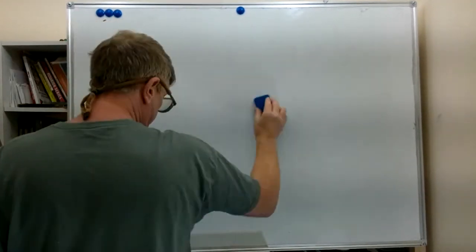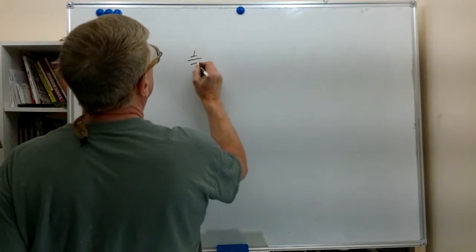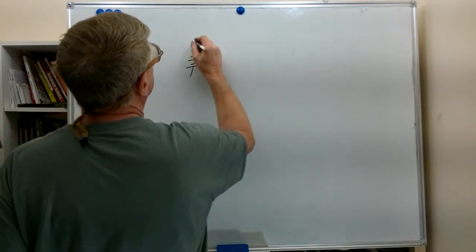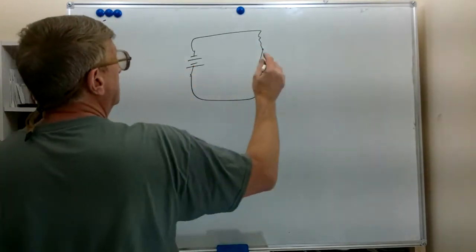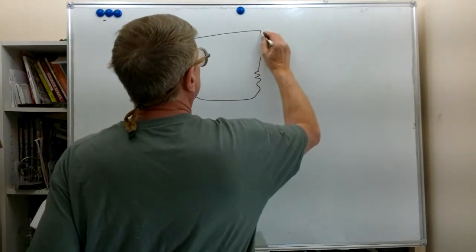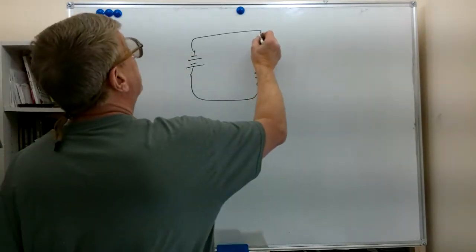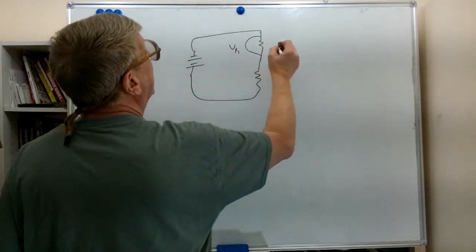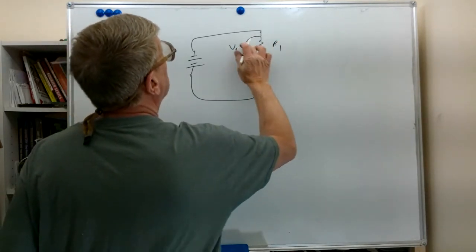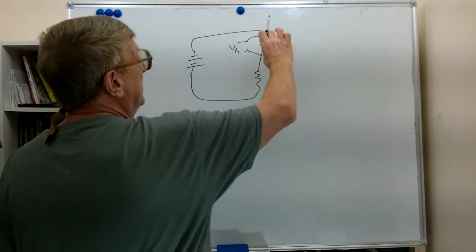And I'm going to quickly draw that back up here. The voltage drop is basically how much voltage appears across that resistor. The voltage drops, becomes less.